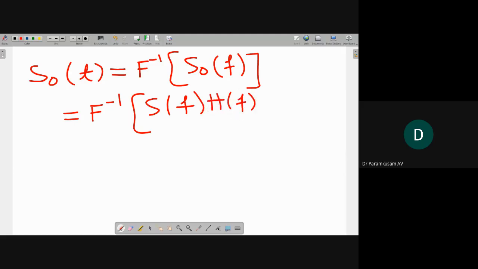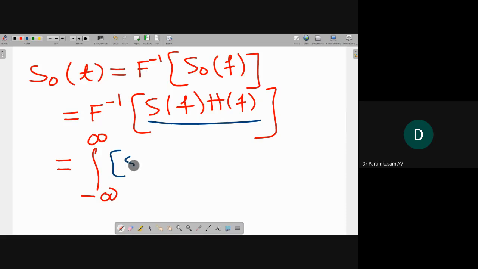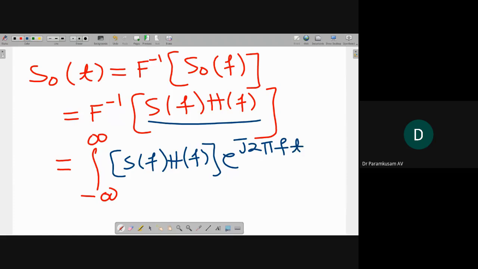So what is the inverse Fourier transform expression? 1 by integration from minus infinity to plus infinity of s of f into h of f into e to the power of j 2 pi f t df.